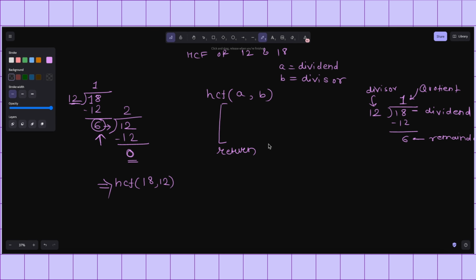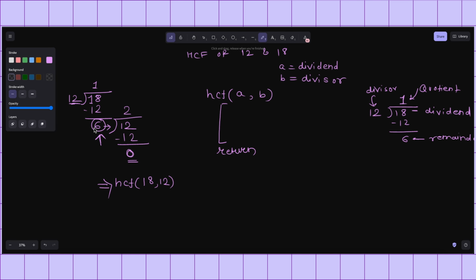So what is that something? What's happening here? Every time a remainder is getting created, and that remainder becomes the new divisor, and the current divisor becomes the new dividend.